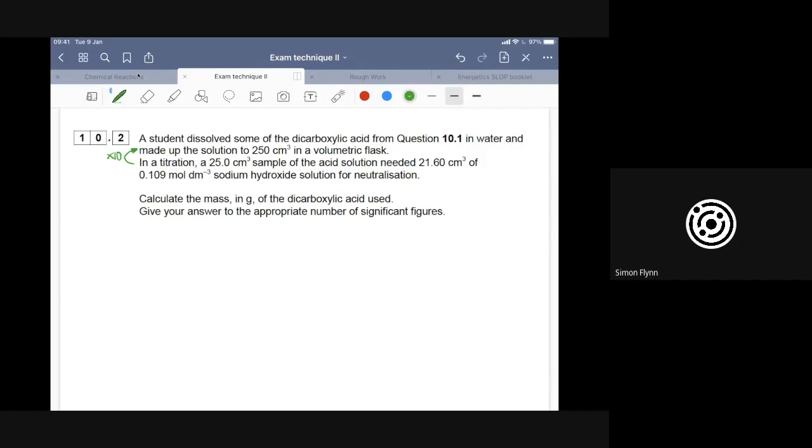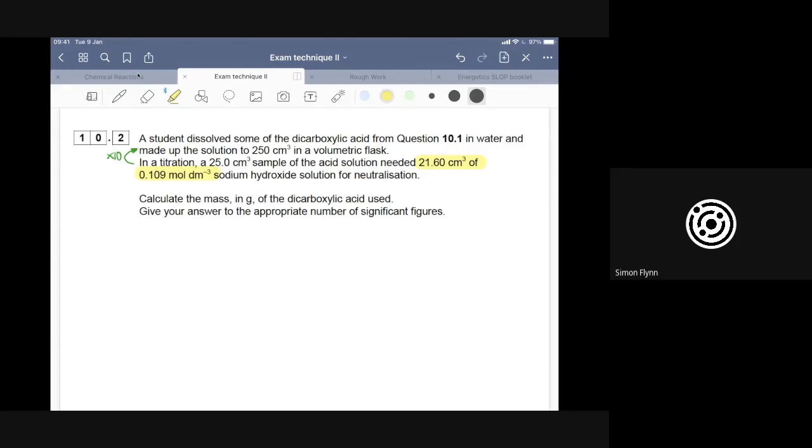The other thing is, and this is a more general point for other questions as well, if you are given a volume and a concentration, even if you have no clue what to do to answer the question completely, that is the first thing you should do: work out moles.